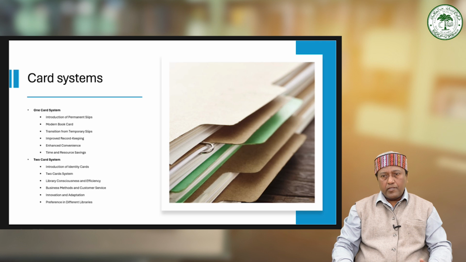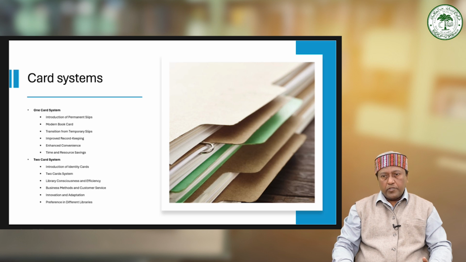Librarians recognized the importance of adopting business methods and providing prompt service to library users, similar to how a business strives to serve its customers efficiently. So this two-card system aimed to streamline the circulation process and enhance customer satisfaction.